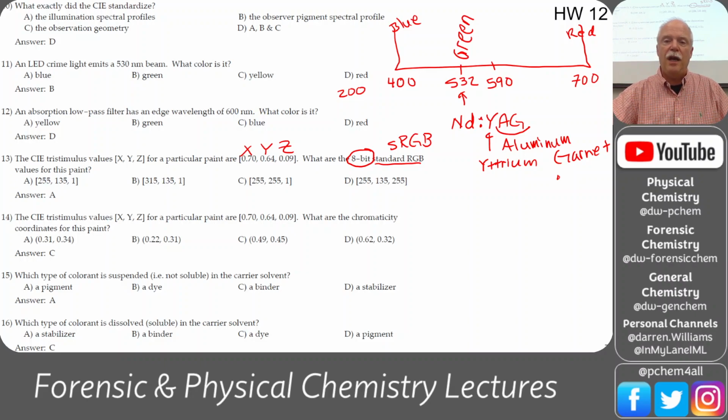Okay. Now, why 590? What do we know that's at 589 and 589.6? Two very sharp lines. Yellow color. So what element gives a yellow color, really bright lines? As a chemist, you should know this. Sulfur, interesting.